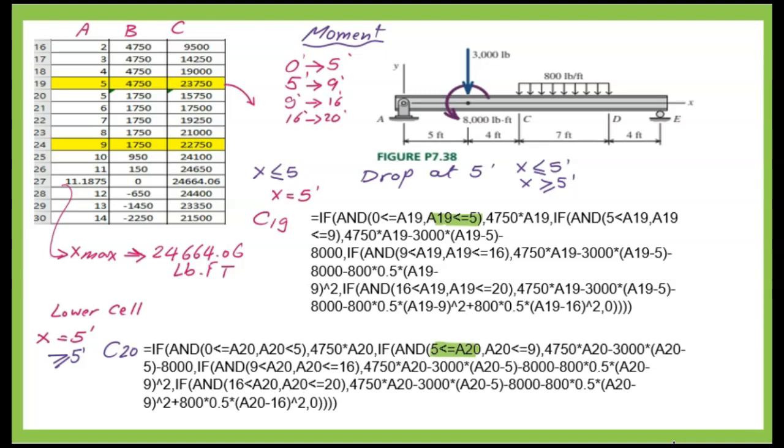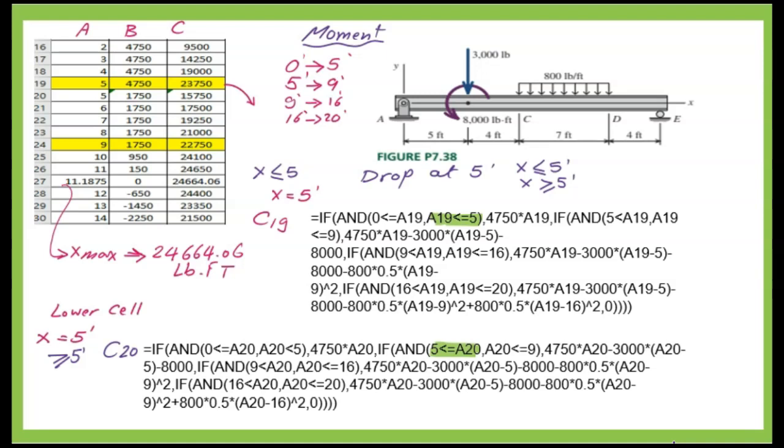This is the concentrated load moment arm, A19 minus 5. Minus 8,000, this is the moment, multiplied by 1. For the other region, bigger than 9 and less than or equal to 16, we have 3 items: 4,750, the reaction moment, minus the 3,000 by A19 minus 5, this is the moment due to the concentrated load of 3,000.